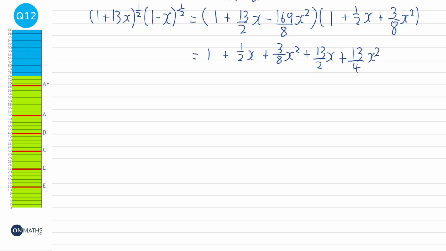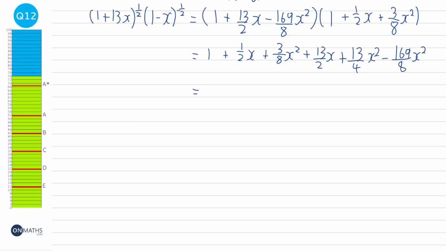Then we're doing 13 over 2x times 3 over 8x squared. Well, that will give us x cubed, so we can ignore that one. And then the only thing we have left is this x squared and the 1 here, because everything else will give us a power more than we want. So that would be minus 169 over 8 x squared.